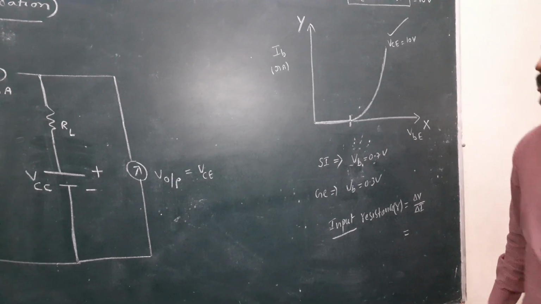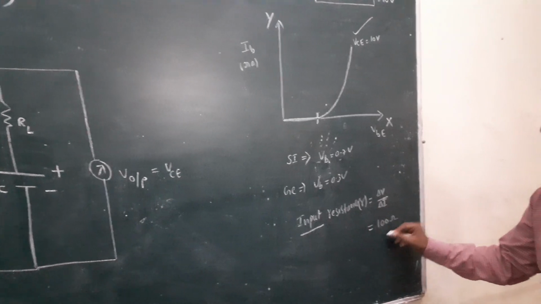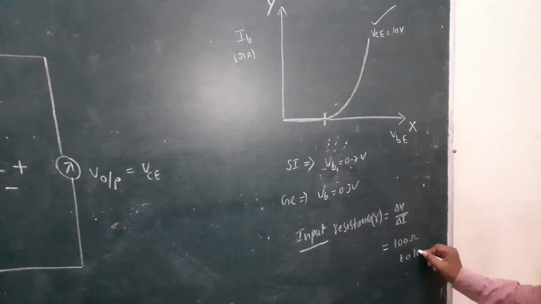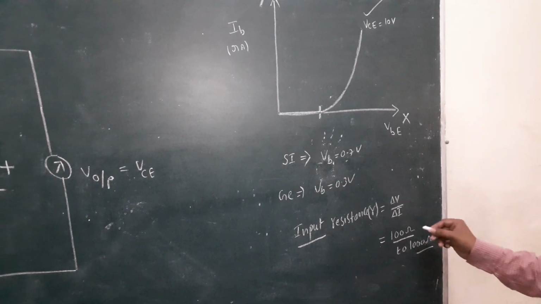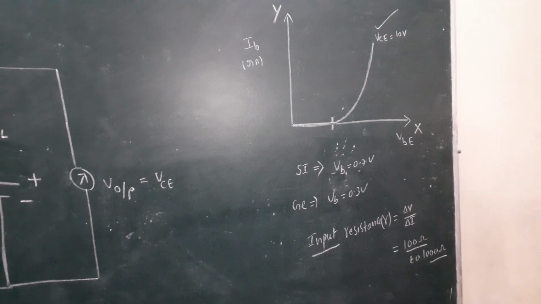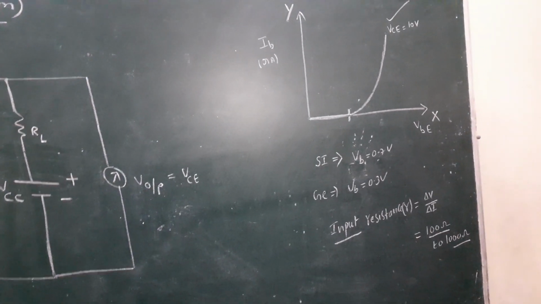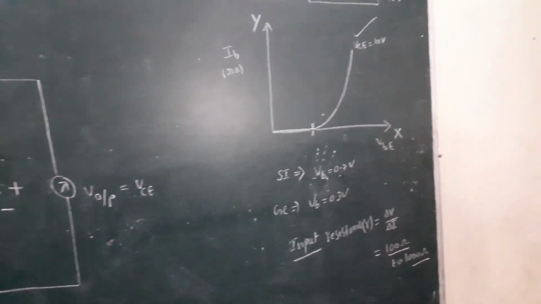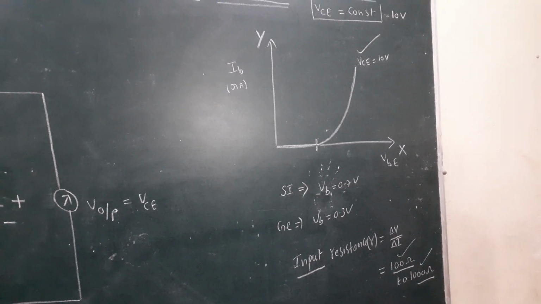Experimentally, this resistance is approximately 100 ohms to 1000 ohms, based on the doping. That means in the transistor, the input resistance varies from 100 ohms to 1000 ohms.